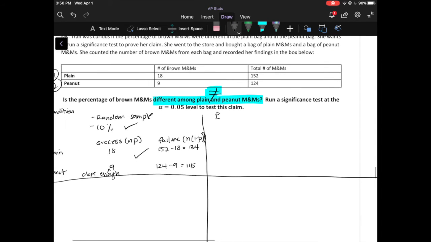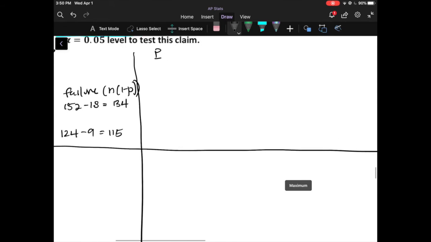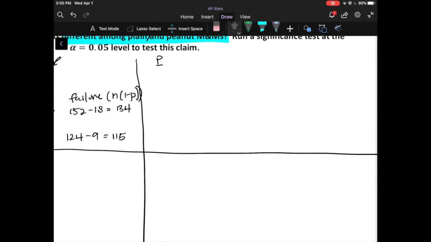Remember that for a 2-proportion z-test, we need to find both of our proportions. So P1 is the true proportion of plain M&Ms that are brown.